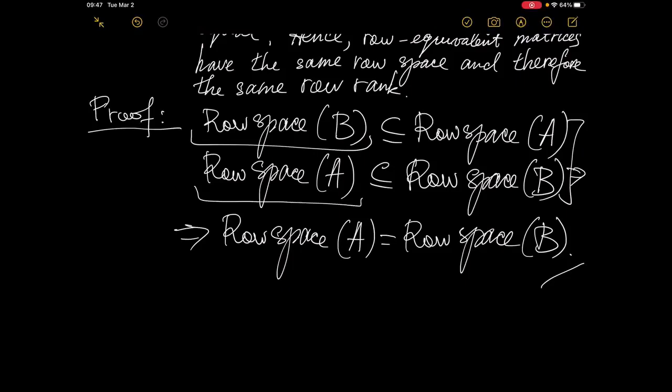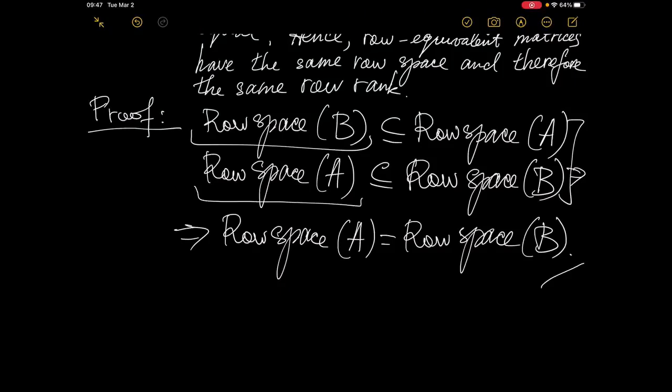Every row of matrix A can be represented as a linear combination of rows of matrix B, so the row space of A is included in the row space of B as well.